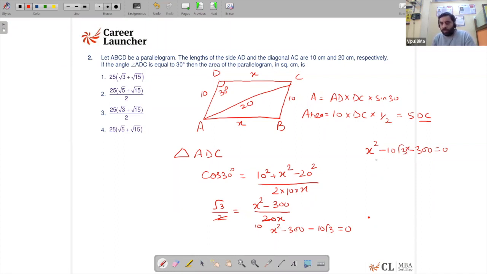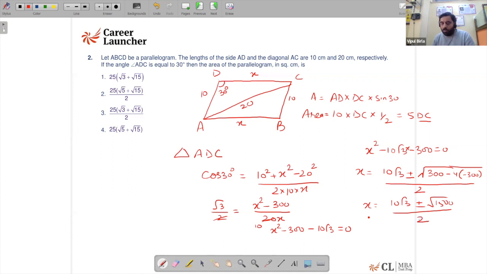So if I need to calculate the value of x, I know it is nothing but using the Sridharacharya formula, which says x equals to minus b, which is 10 root 3, plus minus root of b square. Now 10 square into 3, that's going to be 300, minus 4 times minus 300, upon 2a. A is 1. So therefore x will become 10 root 3 plus minus root of 1500 upon 2.